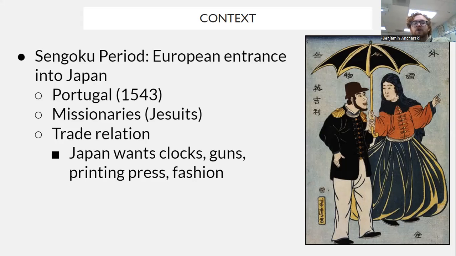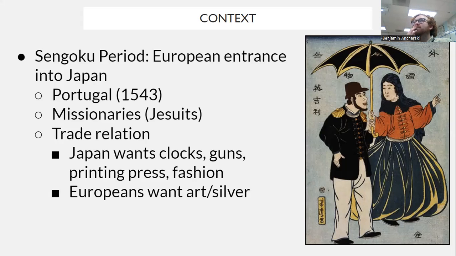But we do see the creation of a trading relationship between Japan and European states. Japan is really interested in Western clothing, Western technology, Western fashion. So there is an interest by Japanese elites in Western customs, Western culture, Western technology, but also in Western military capacity, military technology like firearms.